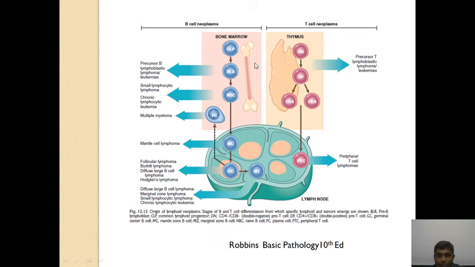So if the neoplasm arises from the earlier cells, B cells or T cells, if it arises from the B cells, it leads on to B lymphoblastic leukemia, and from the earlier stage of T cells it leads on to T ALLs, whereas in the later stages, abnormalities or neoplasms arising from these cells lead on to chronic lymphoproliferative disorders, which include SLL, CLL, mantle cell lymphoma, etc. Similarly, when the neoplasms in the T cell lineage arise from the later cells, this leads on to peripheral T cell lymphomas.